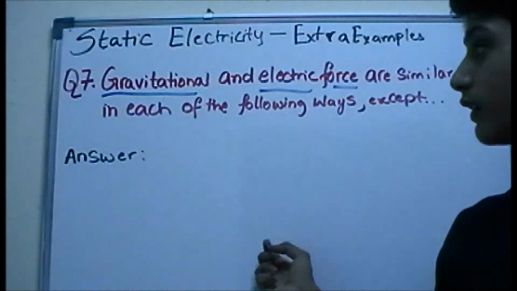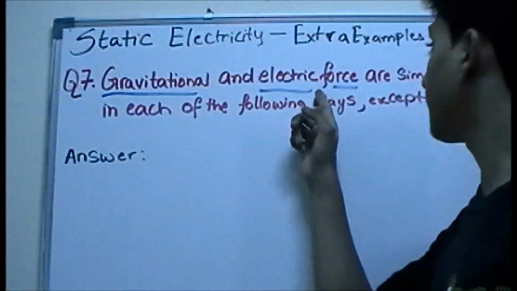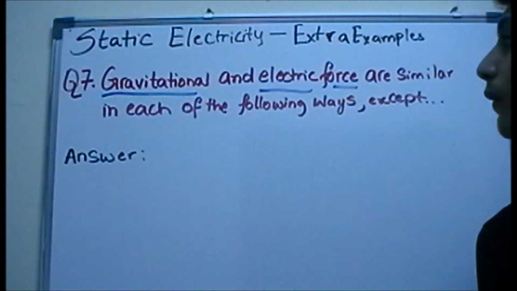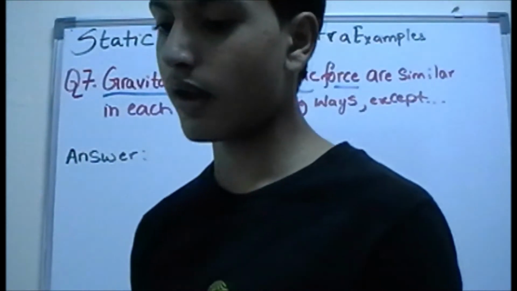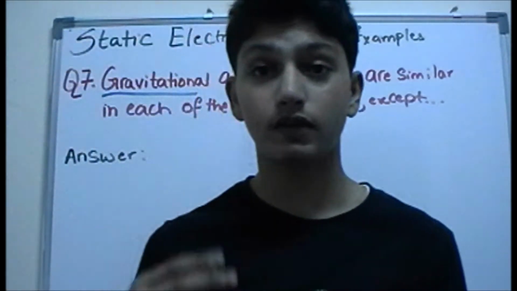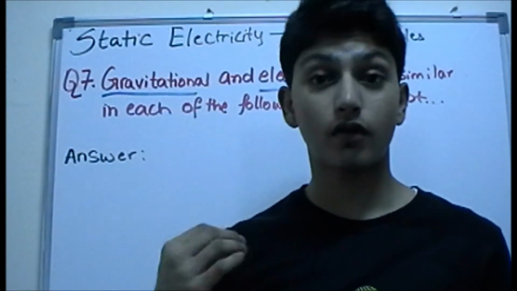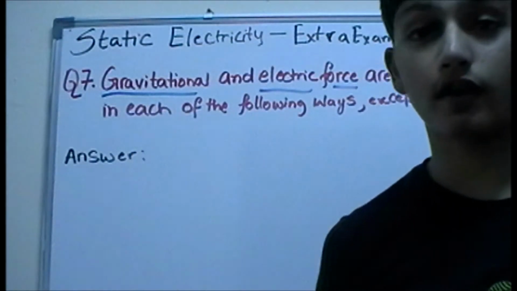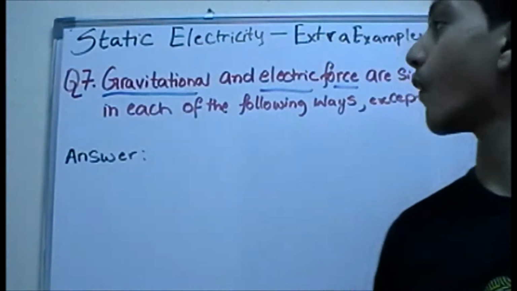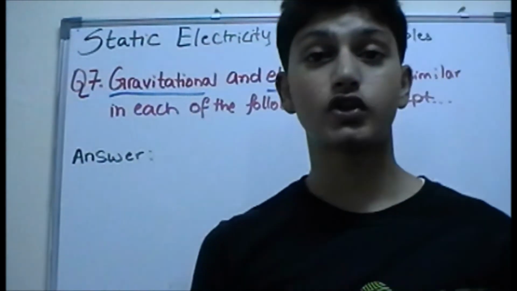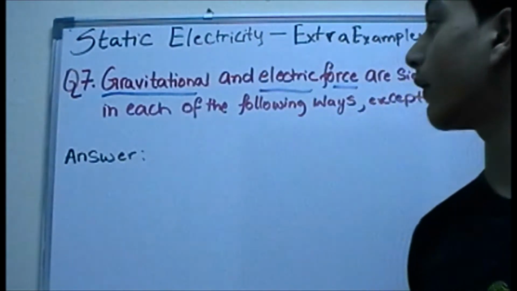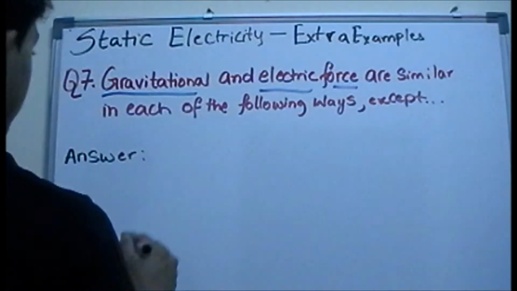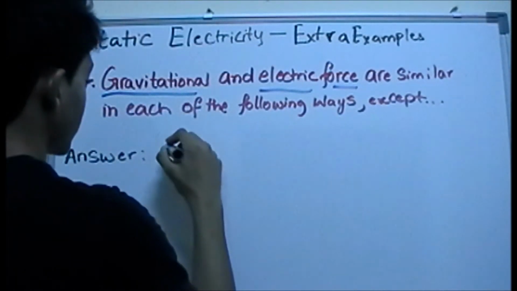The third is that both cause acceleration of an object. What's remaining is the main part, so you need to recall: gravitational force can only attract, while electric force can attract or repel. So the answer is the relationship of attraction and repulsion.